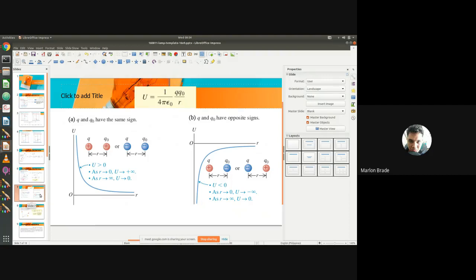Okay, so the potential energy, of course, needs a reference point. When we define potential energy, we call it the reference point.